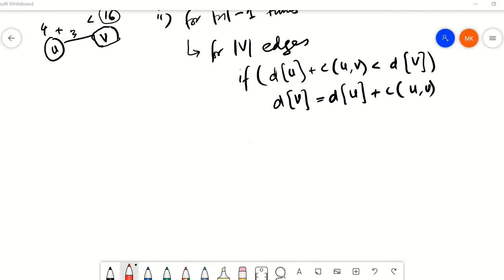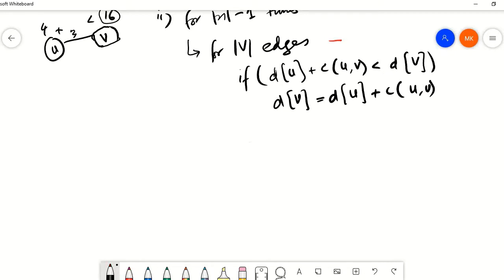But in case of Bellman-Ford's algorithm, we are repeating the process for all the nodes by evaluating all the possible edges and not just the adjacent nodes. So that is the main difference, and it basically helps to tackle the problem of having negative weights in a graph, because with negative weights we need more repetitions or more updating of the values in order to get to the shortest path.